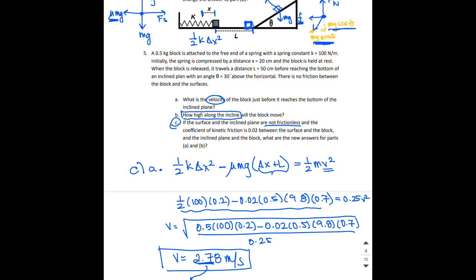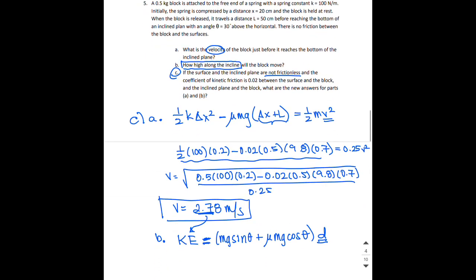So my kinetic energy at the bottom is going to be equal to the energy that is doing work to move it up the ramp. So that's going to be the mg sine theta plus the frictional force, which is mu times the normal, and the normal in this case is a component of gravity, so mu mg cos theta, and that net force is going to be multiplied by the distance, which is what we are solving for.